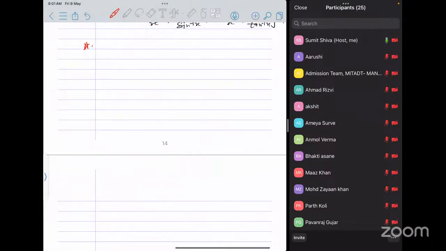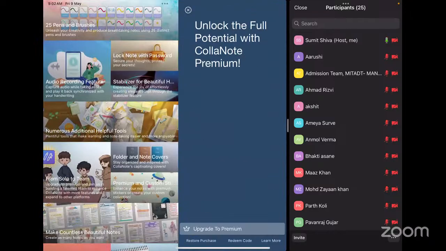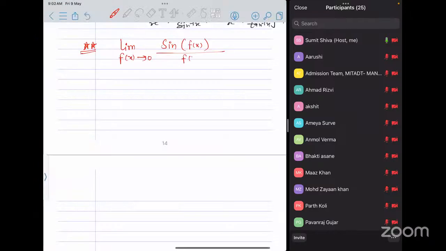From the above formula, if we have limit f of x tending to 0, sin of f of x divided by f of x, the answer will be what?